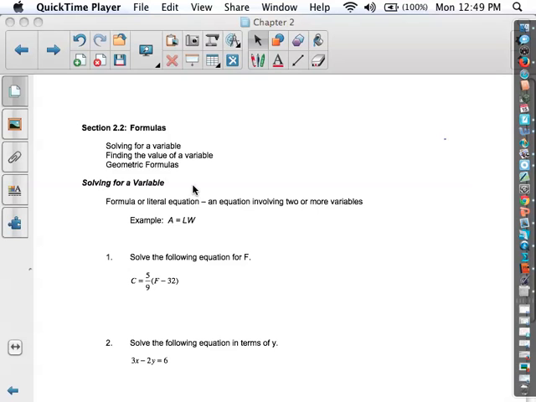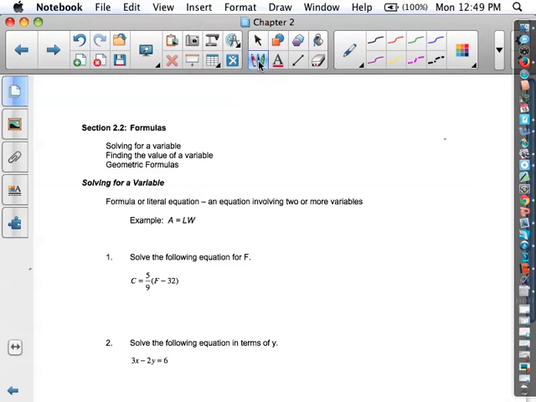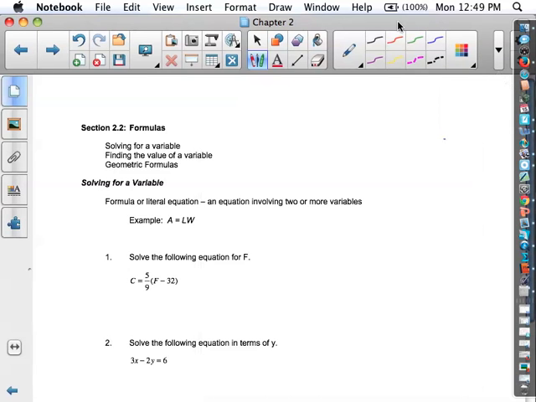The first thing to think about when you are solving these equations, and I noticed on some of your tests, you were a little unsure of which operation comes next. So the first thing we want to think about is that we want to isolate the term or terms that contain the variable we're solving for.